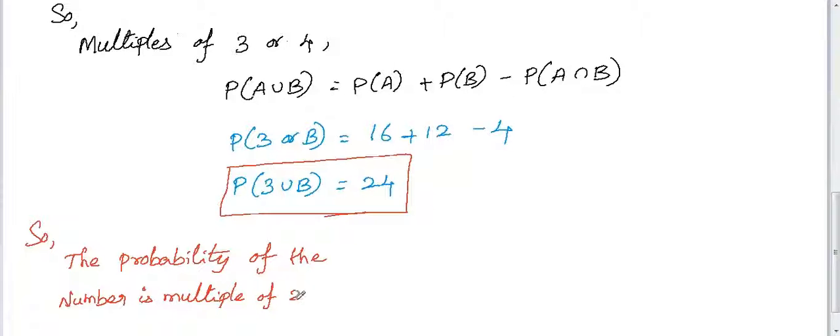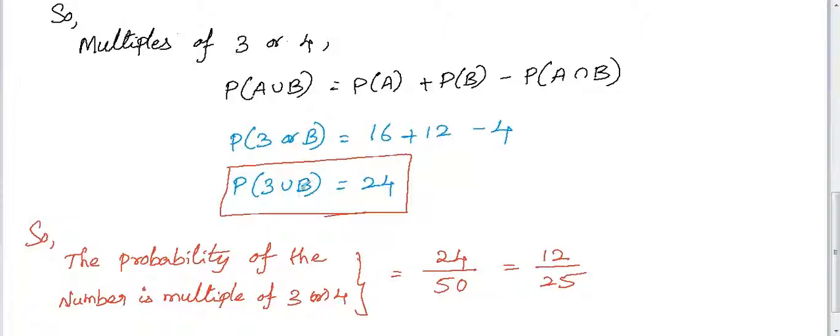So the favorable and the total. The total natural numbers is 50 and the number of multiples of 3 or 4 is 24.